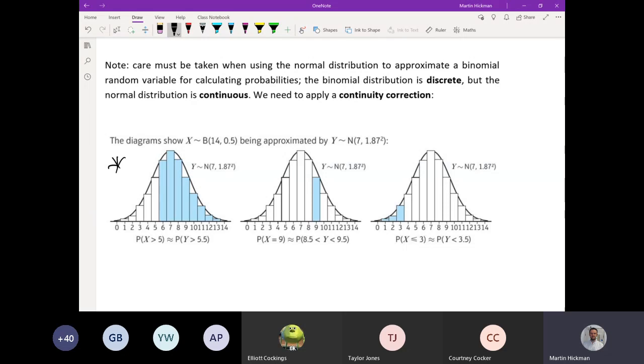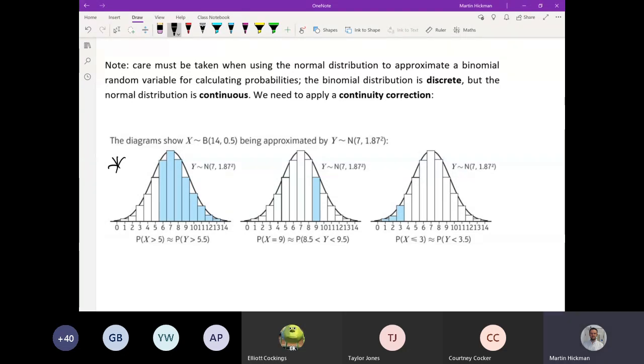So when I'm working out the probability that it's 6 or more in terms of binomial, or just more than 5, I'd have to work out in terms of normal the probability that y is greater than 5.5. I hope you can see from the bar here, the lowest value it can go to is 5.5. The first value we include is the 6, so in terms of normal, that goes between 5.5 and 6.5. So you just work out the probability that it's greater than 5.5.